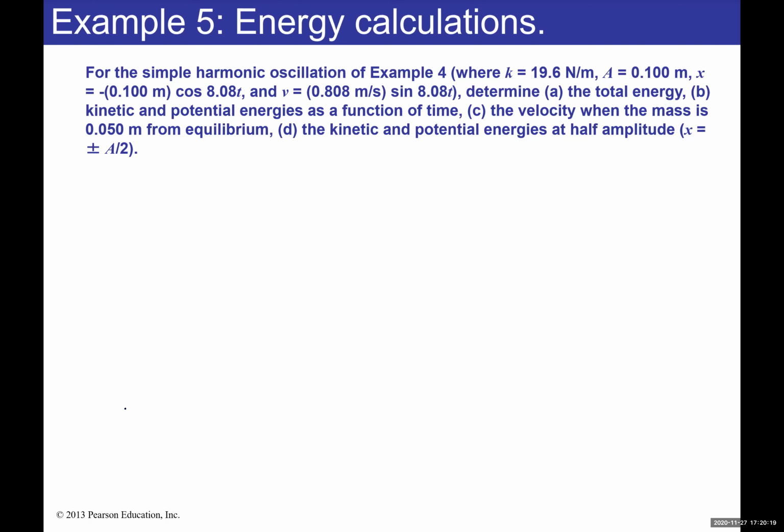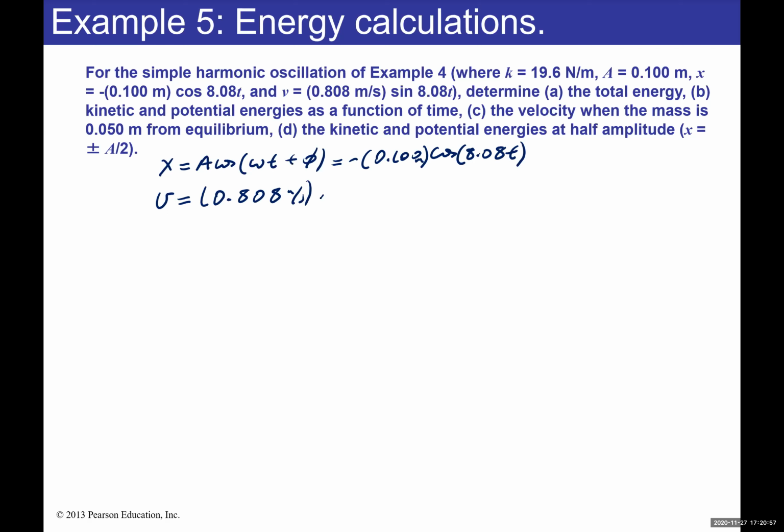All right, so what we get from here is some of the values that we were already given. Let me write down the x. So x equals, remember, A cosine of omega t plus phi. So I'm given this for the x, negative 0.1 cosine 8.08 t, and for the velocity, I'm given 0.808 meters per second, then sine of 8.08 t.